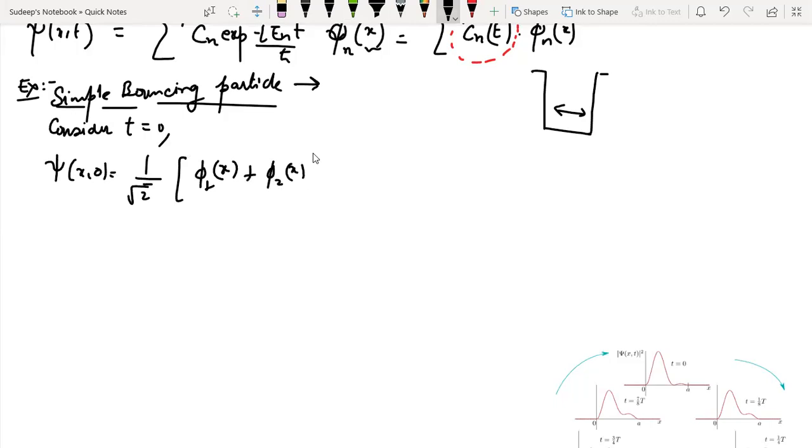So this is how I have my initial wave function, prepared in terms of the eigenkets phi 1 and phi 2. And simply I can write this as 1 over root a, and let's say the length of the box is simply a. So 1 over root a sine of pi x over a, plus 1 upon root a sine of 2 pi x upon a.